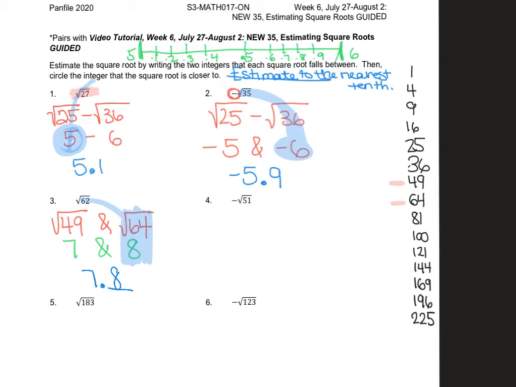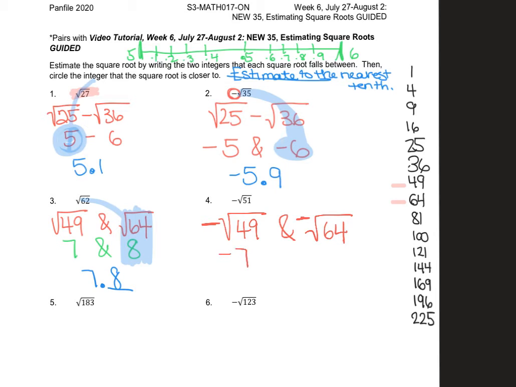Okay? So for the next one, negative 51. 51 is again between the square root of 49 and 64. But now it's between the negatives, right?